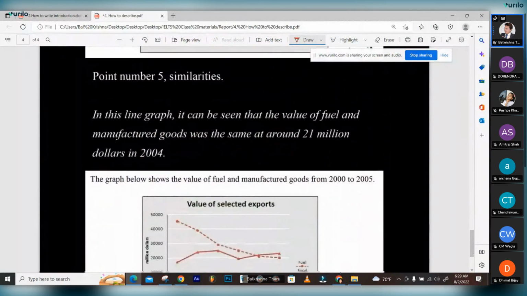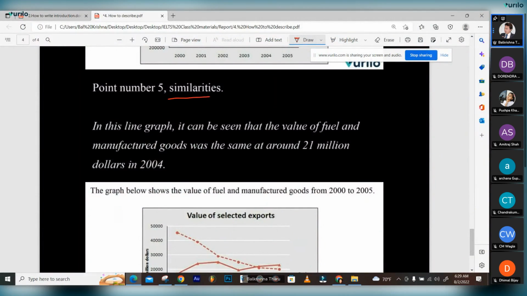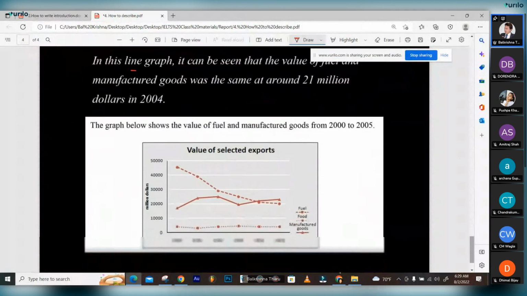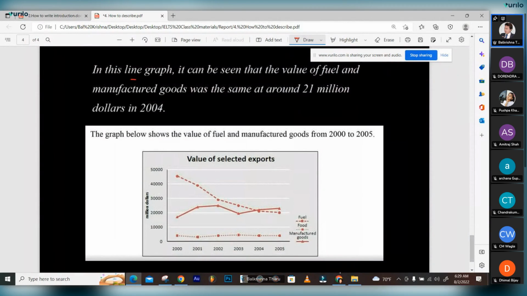And point number 5, similarities. In this line graph, it can be seen that the value of fuel and manufactured goods was the same at around $21 million in 2004, and you can check this at this point.